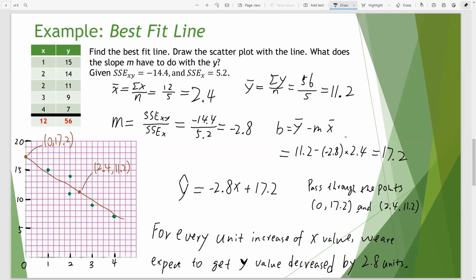Okay, so that's the full calculation of this thing: x bar, y bar first, the slope, and then the y-intercept. After that, we use the slope and y-intercept to write out the equation of y hat, right? Then the slope means every unit of x increase, we expect y value to decrease by this amount.